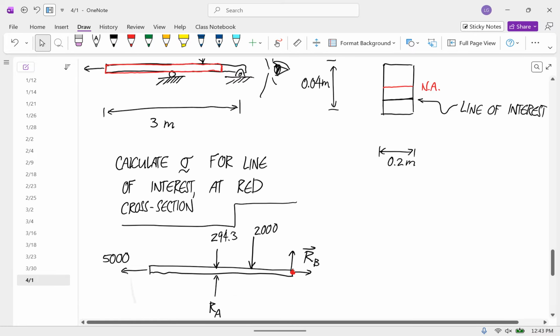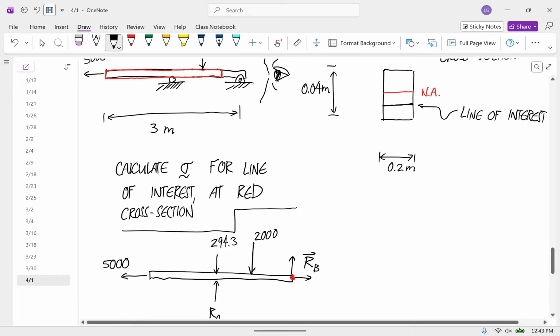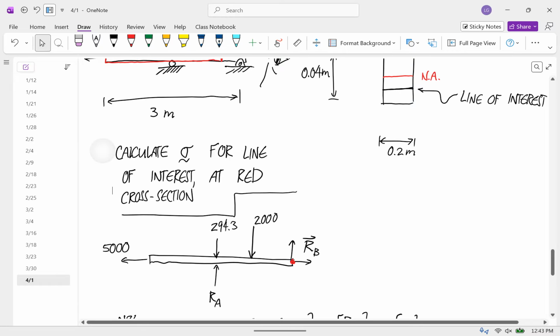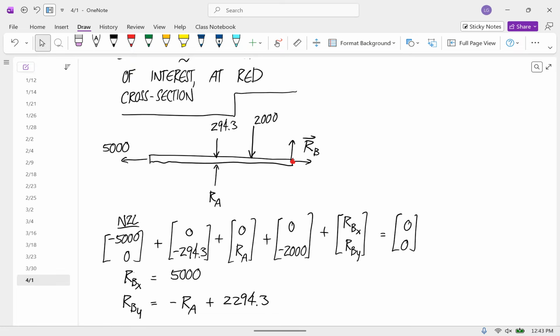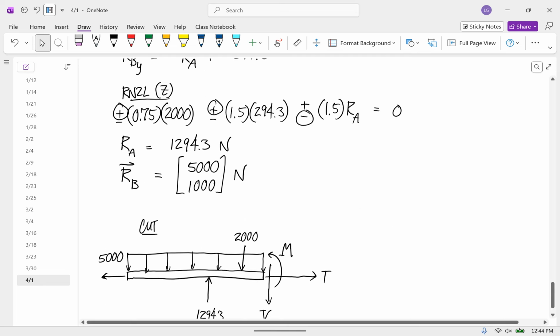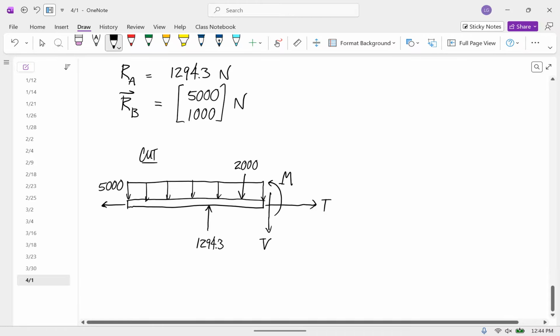This whole thing is 3 meters. The weight is 294.3 for the whole thing. So take the weight and divide it by 3, because the length is 3. And you get 98.1 newtons per meter for the distributed load.